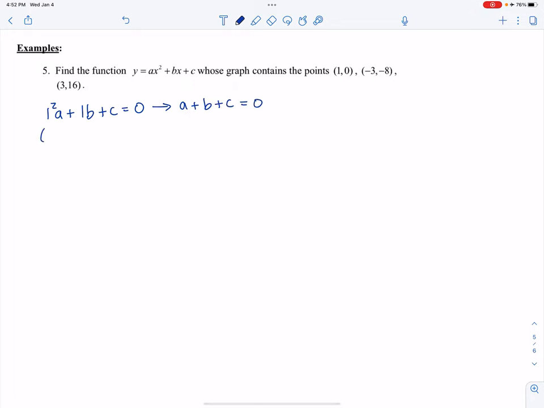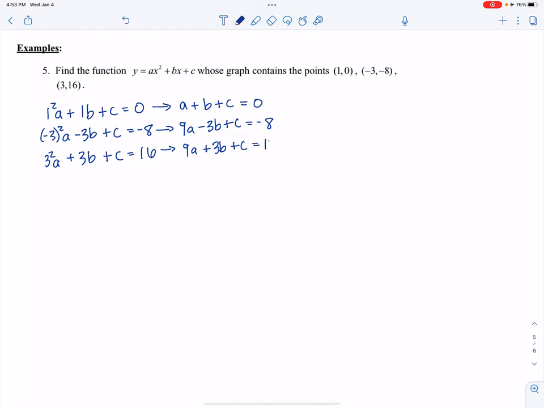And then we'll get -3 squared a minus 3b plus c equals -8, which is 9a minus 3b plus c equals -8. And then we have 3 squared a plus 3b plus c equals 16, which is 9a plus 3b plus c equals 16.